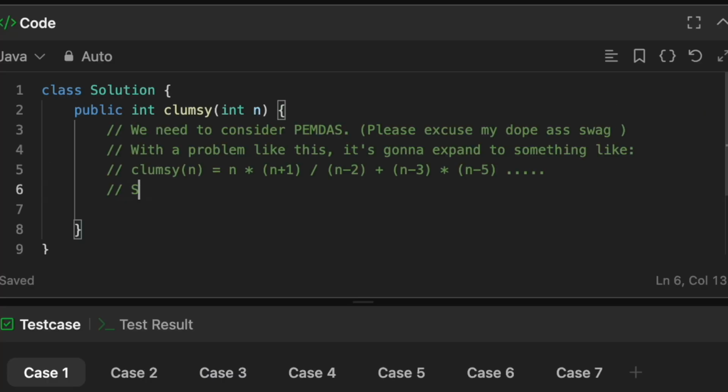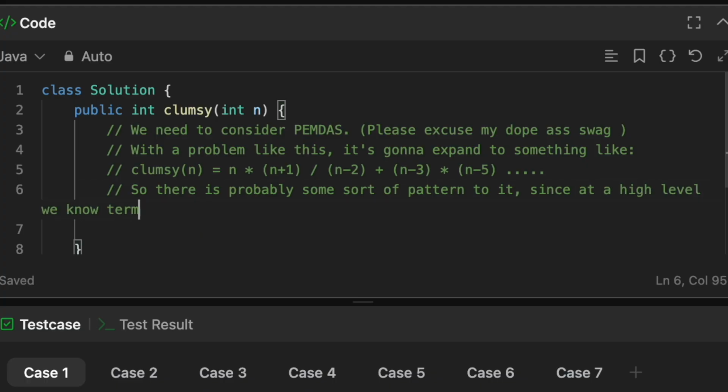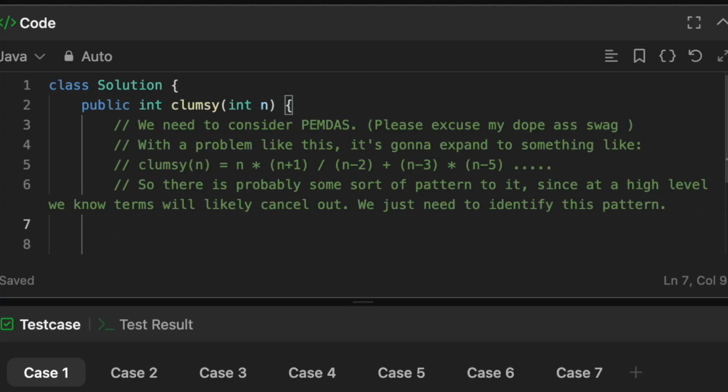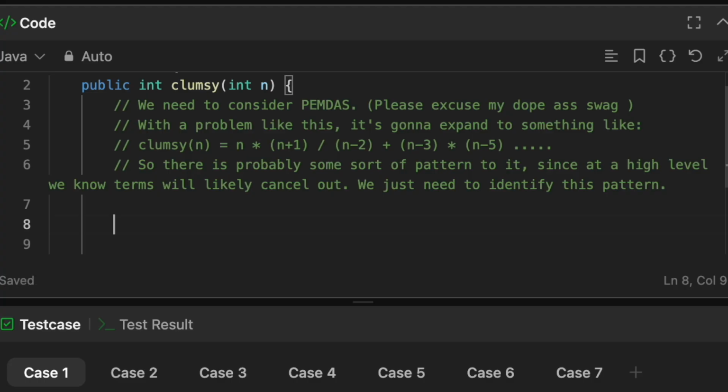Okay, so on to the main code. If a factorial's formula is factorial of n equals n times n minus 1 times n minus 2 times n minus 3, etc., then the clumsy n formula is going to be something like what I show on line 5, where it's going to be divide by n minus 2 plus n minus 3, etc. And if we look at this, it's pretty clear that there's probably going to be some mathematical cancellation when this is actually applied, because n plus 1 is going to divide into itself.